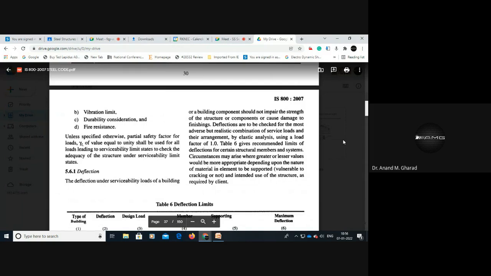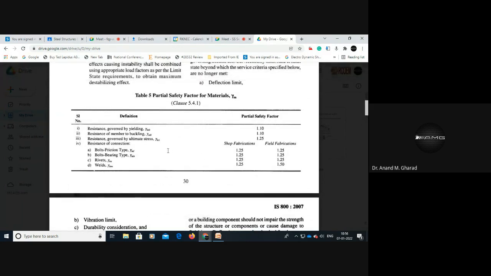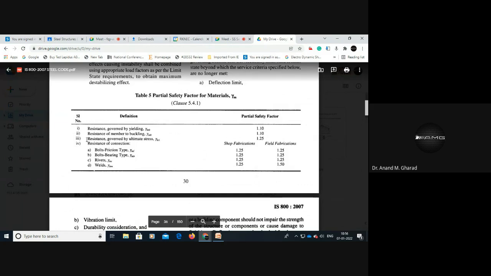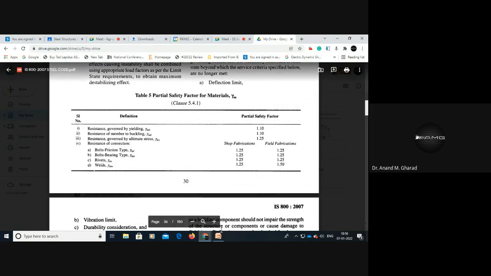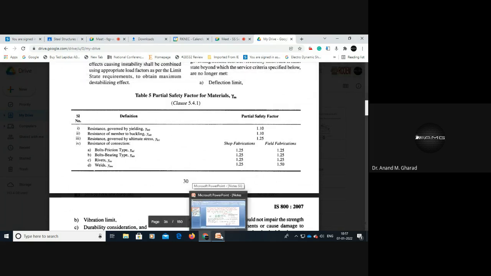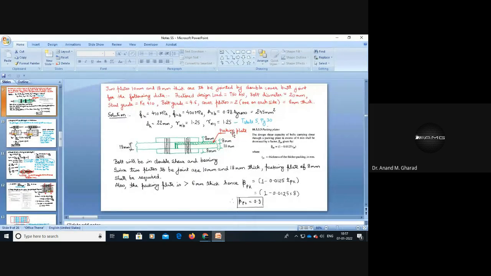What is the table number? Can you please help me? What is the page number? 30. Okay. So over here, as you can see, resistance governed by ultimate stress. This factor will now be required in our numerical. Therefore, the gamma m1 value has been introduced here.